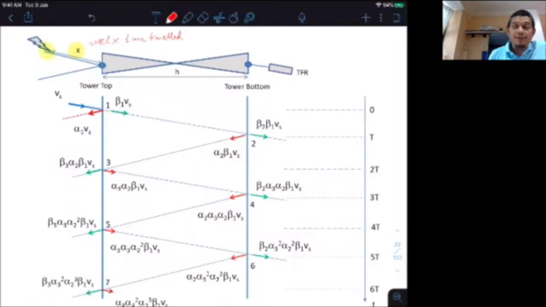So time travel, how long it takes, multiplied by speed will give you the X distance. Or the time travel, T, let's say T1, is equal to X divided by velocity. Okay, so you need to use this formula later on. How long it takes from the point of strike to the tower? It's actually X divided by velocity. So the distance divided by the velocity. It could be speed of light.